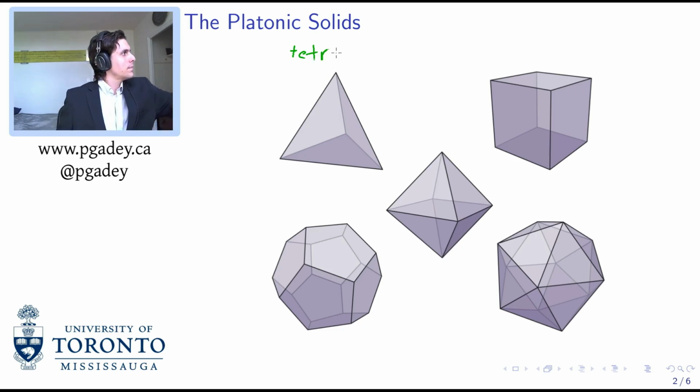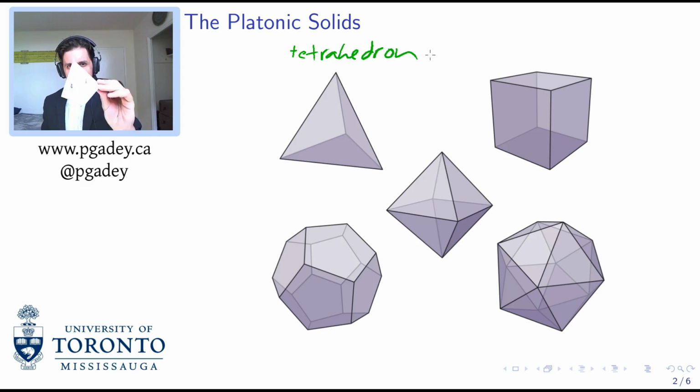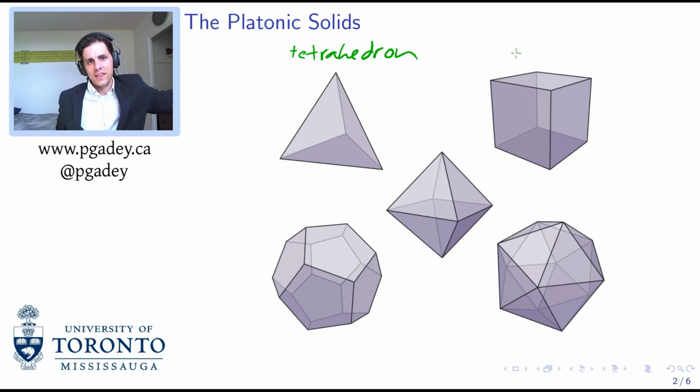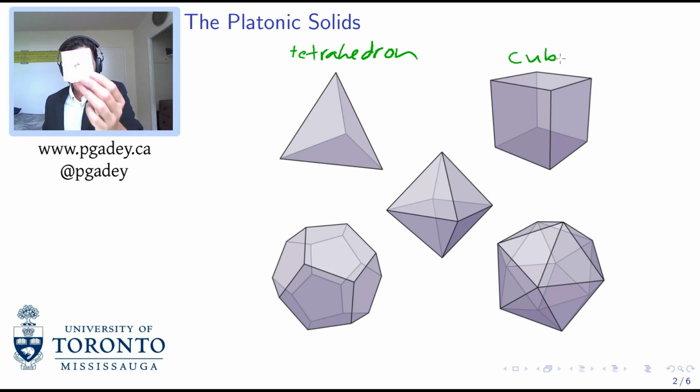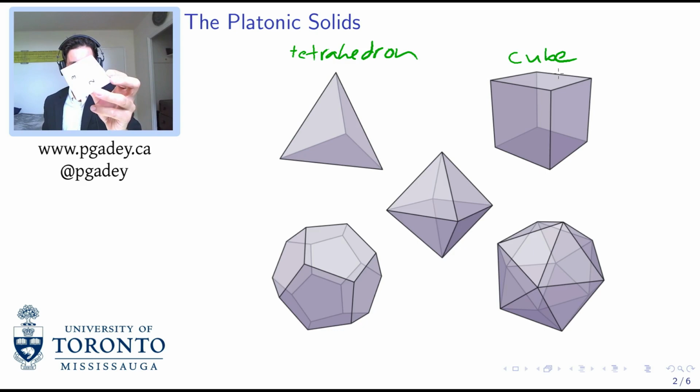It's got four faces, all triangles. We've got the cube. Six faces, all squares. Then we've got the octahedron. 8 faces, all triangles.